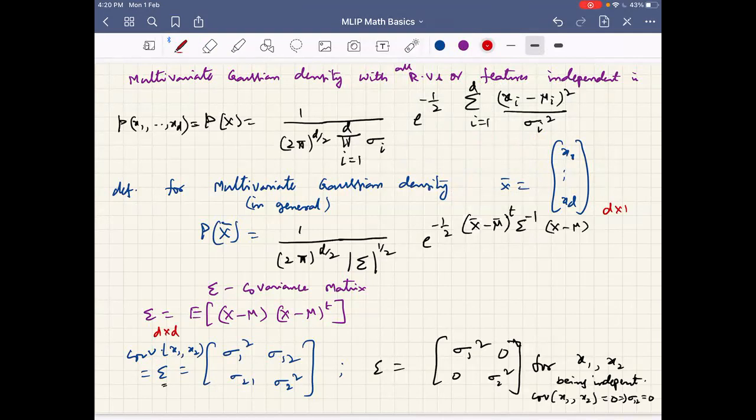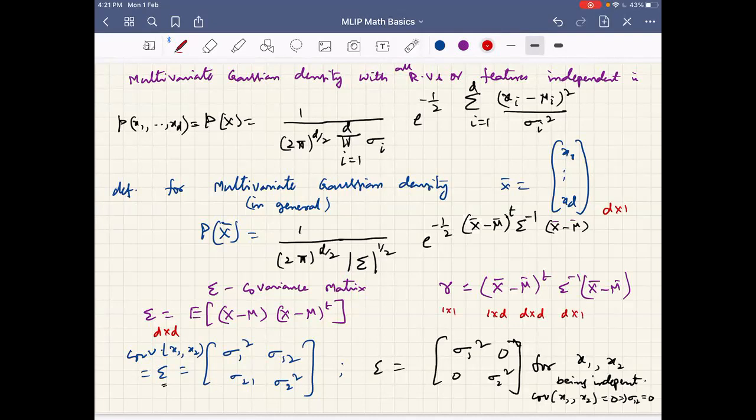Please note that here the covariance matrix is this, and the Mahalanobis distance here, using the vector feature, is x bar minus mu bar transpose into sigma inverse into x bar minus mu bar. What is this dimension? Its dimension is 1 cross d into d cross d into d cross 1, and hence the dimension is 1 cross 1. It is a scalar. Please note that.